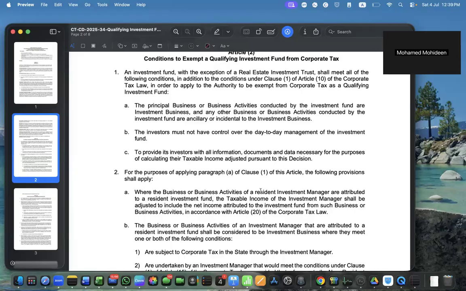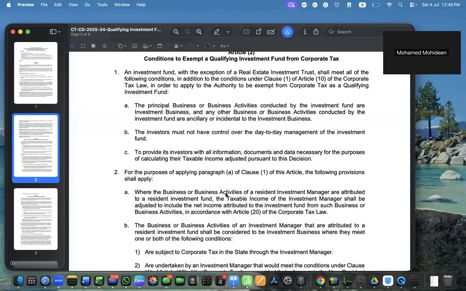Where the business or business activities of a resident investment manager are attributed to a resident investment fund, the taxable income of the investment manager shall be adjusted to include the net income attributed to the investment fund from such business or business activities in accordance with Article 20 of the corporate tax law.